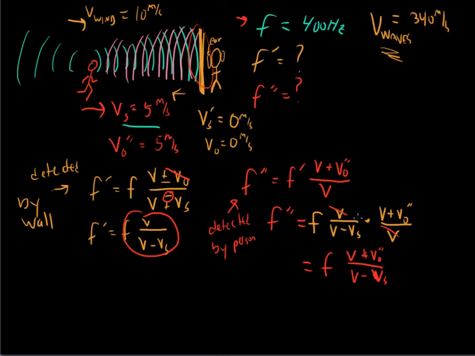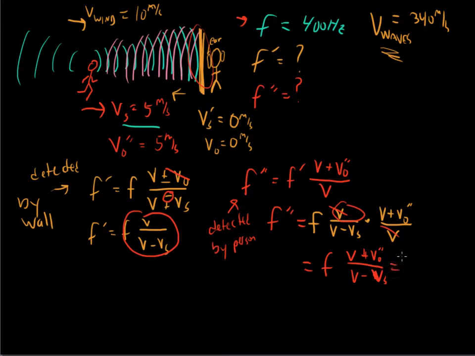Now it would be a little bit more interesting if maybe the wall, it would seem a little bit insane, but if the wall was moving towards the person making the sound, because then we couldn't just cancel things out, at least not necessarily, particularly if the speeds were shifting around.